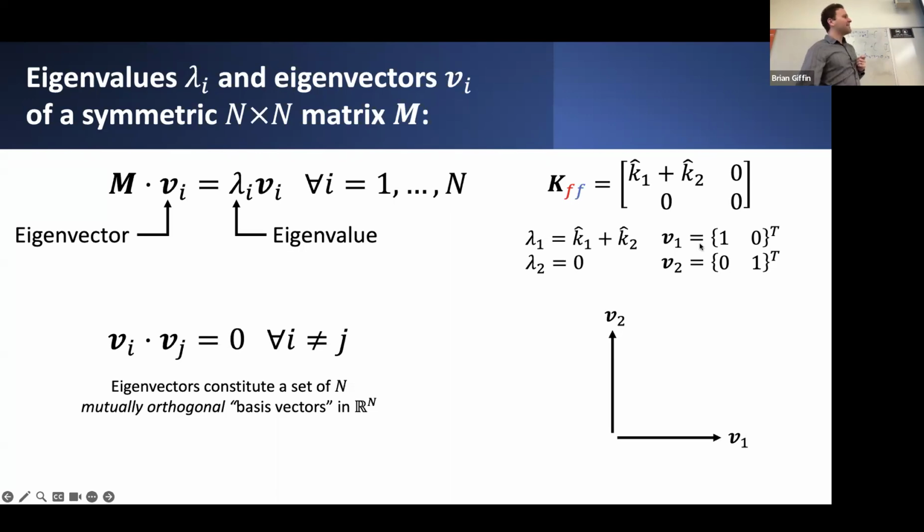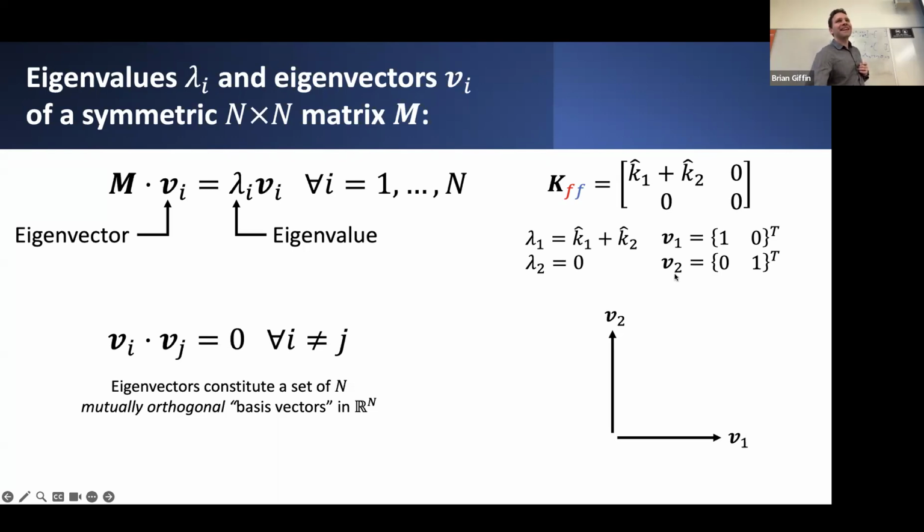And the corresponding eigenvalue associated with this eigenvector, it turns out, is just equal to k1 plus k2. You can verify that by taking this stiffness matrix and multiplying it by v1. You'll get a new vector that has an entry that's non-zero in the first component and 0 in the second component. But the value of the first component is scaled by k1 plus k2. Hence, lambda 1, the first eigenvalue associated with this eigenvector, is k1 plus k2.